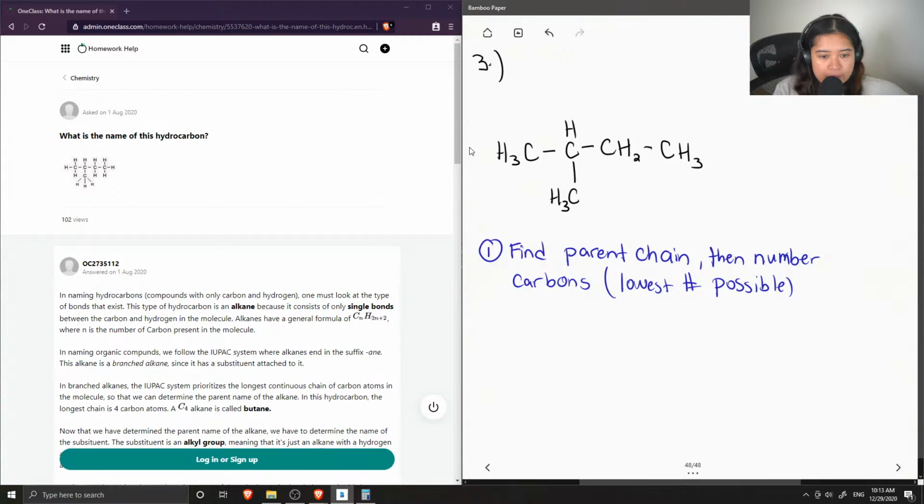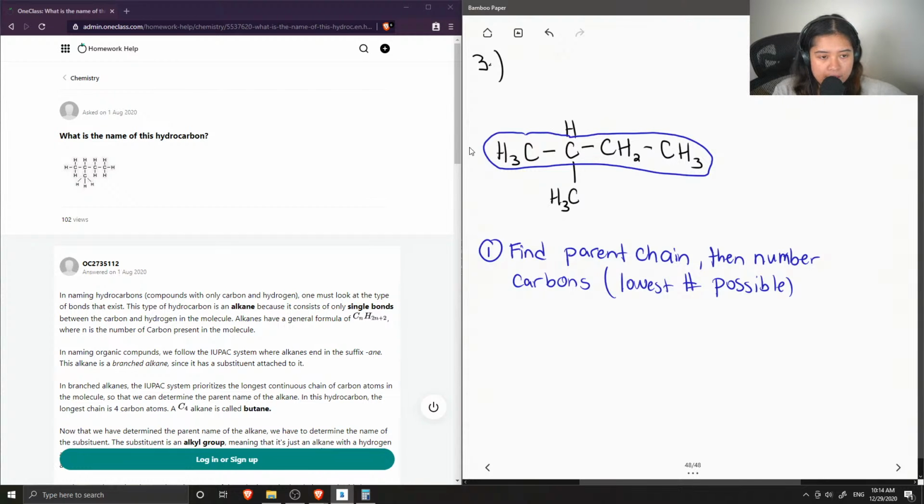So, for example, let's find the parent chain by circling the longest chain with the most important functional groups. So in this case, the longest chain is evidently here.